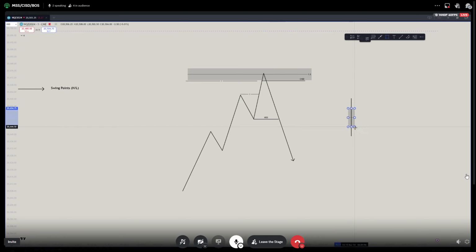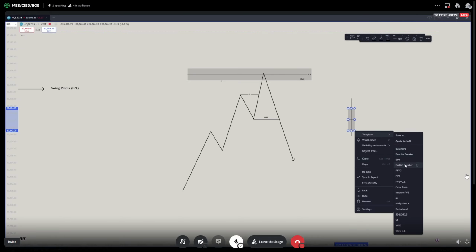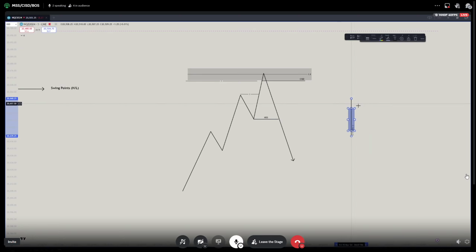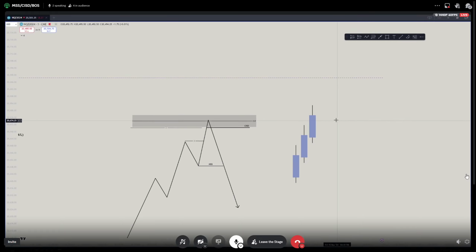So let's say we have an uptrend coming up here, something like this, right? Price is coming up, price is coming up. Maybe we come down just a little bit here, and then we come back up one more time here.